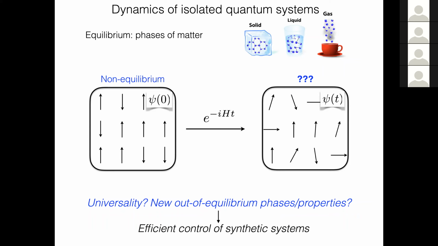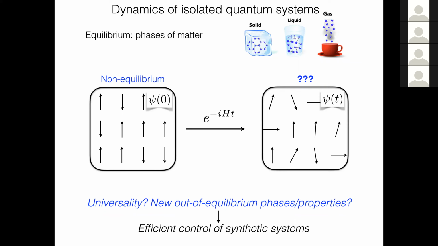What are the different kinds of dynamics that you can find in physical systems? This line of research is also connected with the efforts to find new efficient ways of controlling synthetic systems, which is something that Alex mentioned at the end of his talk.